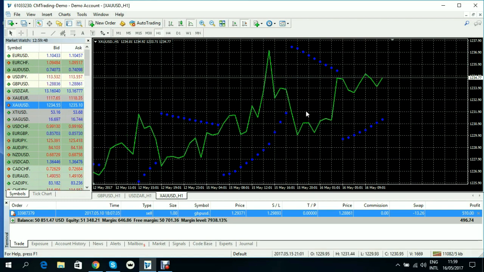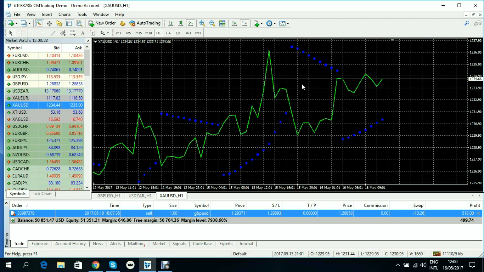The most important thing to note here is that when the dots appear below the price line or the trend, then it's indicating a buy trend. And when the dots appear above the price line or the trend, then it indicates a signal for a sell.